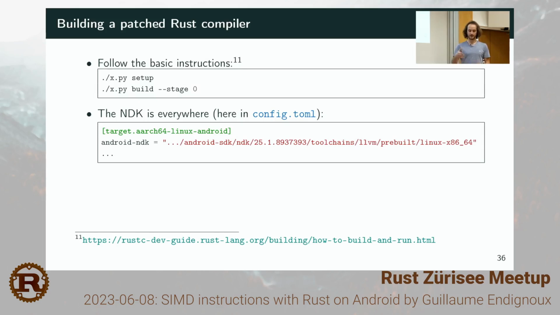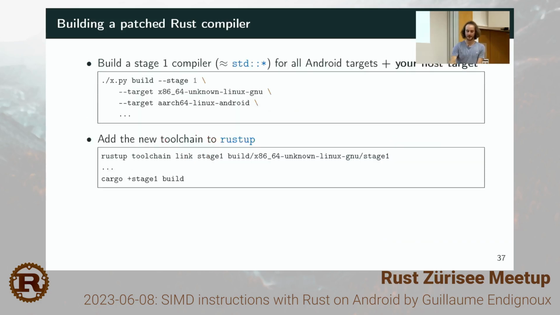I had to run this Python script with setup and build a stage 0 compiler. And then on Android, the NDK is everywhere, including in the compiler itself, so I had to inject that into the config. Again, once you know how to do it, that's good. Otherwise, you can spend some time. And then lastly, I had to build this stage 1 compiler, which, as I understood, is more or less compiling the standard library.